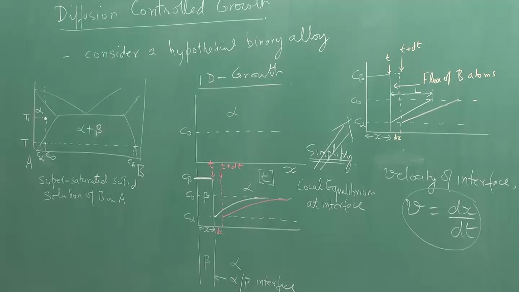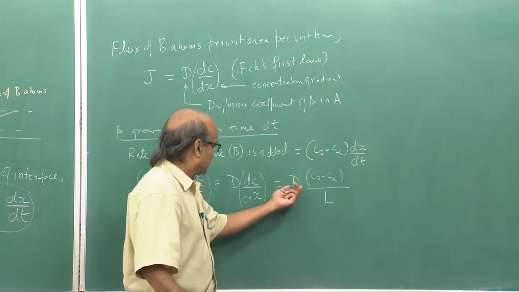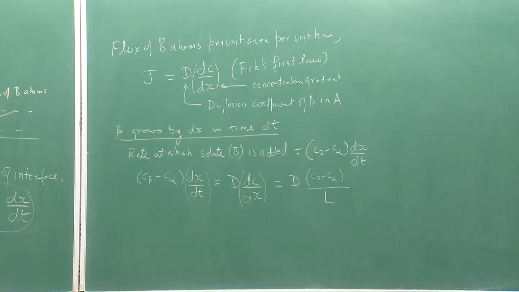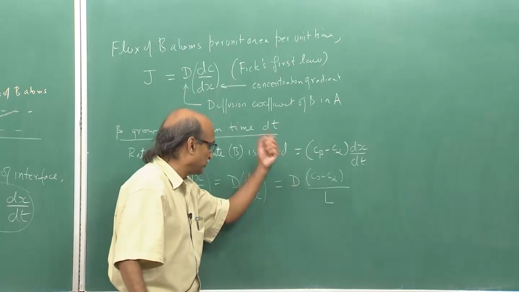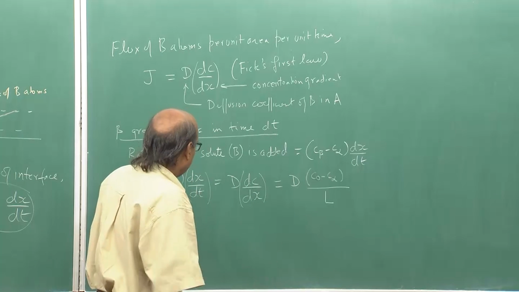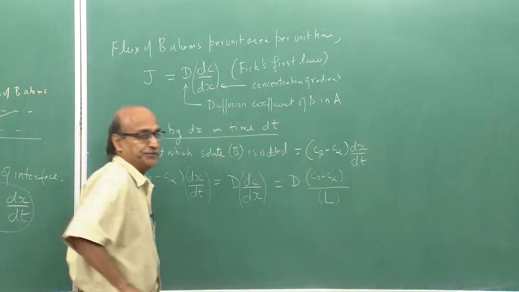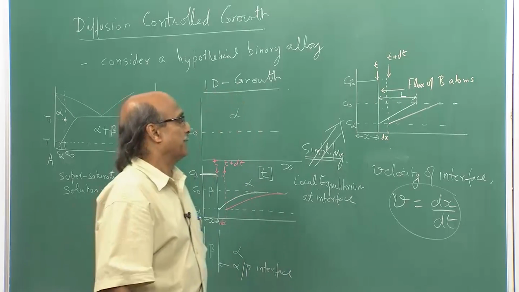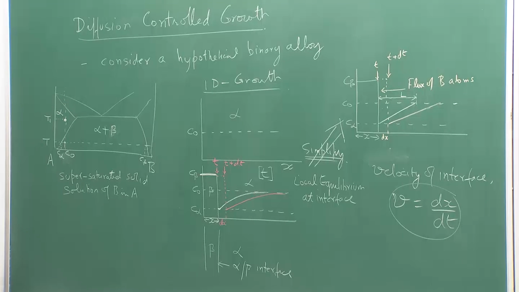I know D, the diffusion coefficient of B in A, which I can get from a huge database of values of this diffusion coefficient D, or it can be obtained from experiment. So, the other unknown quantity that is left is L. I do not know what this distance L is. How do I find this distance L?